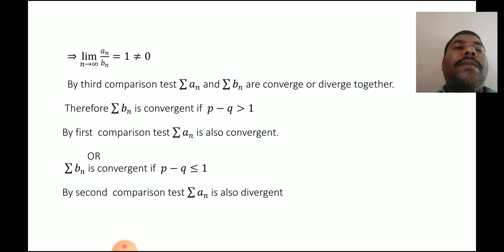So that implies limit of an by bn as n tends to infinity is equal to 1, that is not equal to 0. By the third comparison test, summation an and summation bn converge or diverge together.